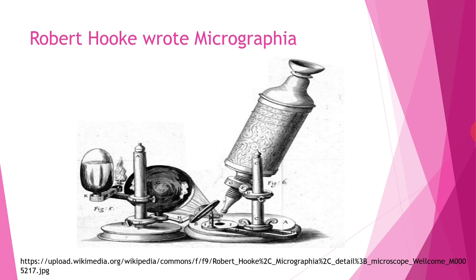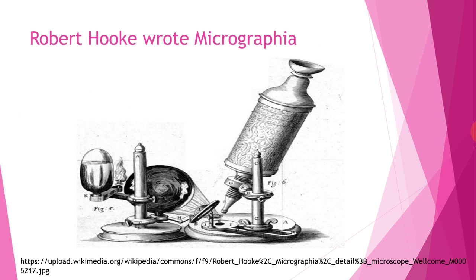This is the microscope that was used by Robert Hooke, and he wrote one book. Robert Hooke wrote Micrographia, and in this Micrographia, he recorded all the characters of the cell and he made the recording of his observations. So, Robert Hooke authored one book called Micrographia. Robert Hooke observed only cork.